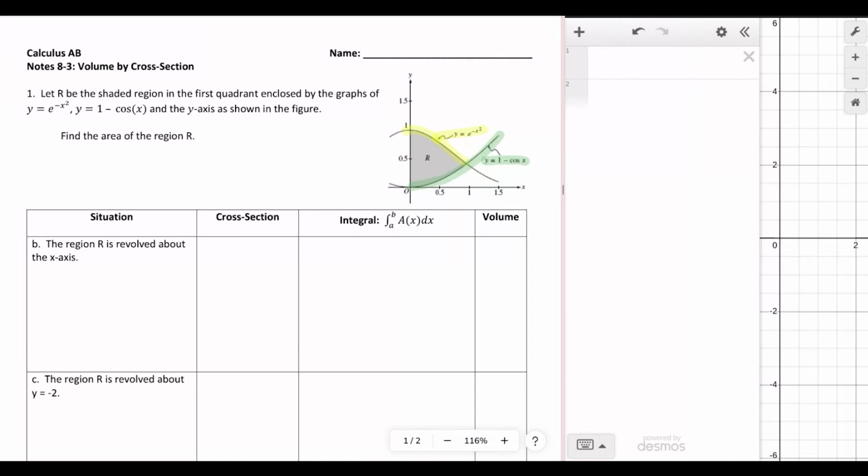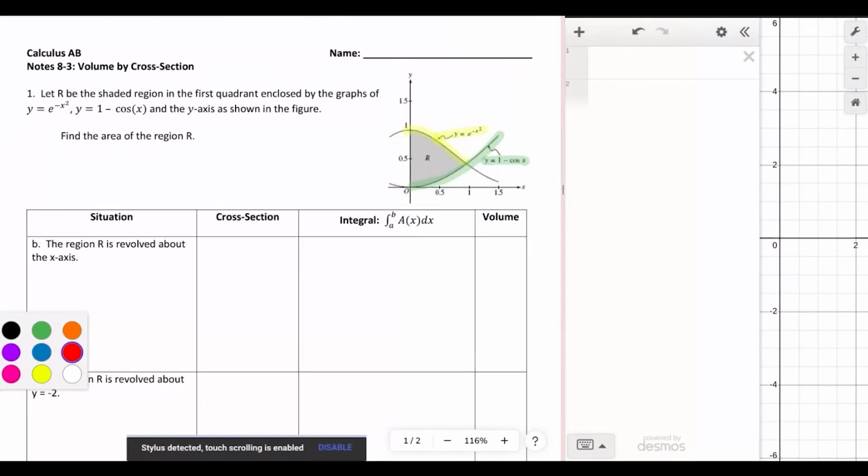And on the AP test, and even because we're going to be using Desmos, it's going to be a lot more convenient if we give each of these functions a name. So that way, instead of having to write out 1 minus cosine x over and over again, we could just write g of x. So let's go ahead and make those declarations here.